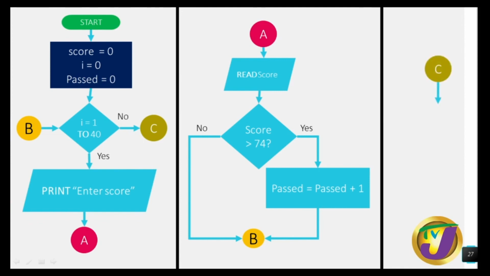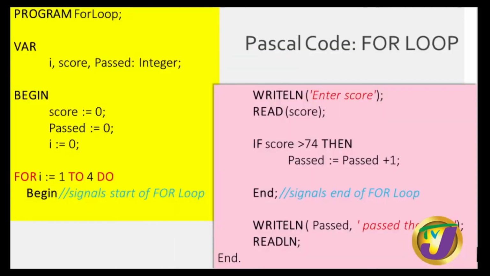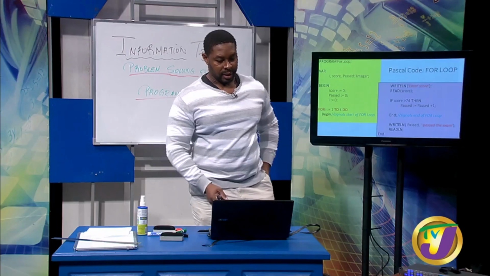In this case, it's C. And we finally print passed and print passed the exam, or however many have passed the exam. Same thing as in the pseudocode. All right? And then finally, we have the Pascal code. And this, of course, you can digest as you go.